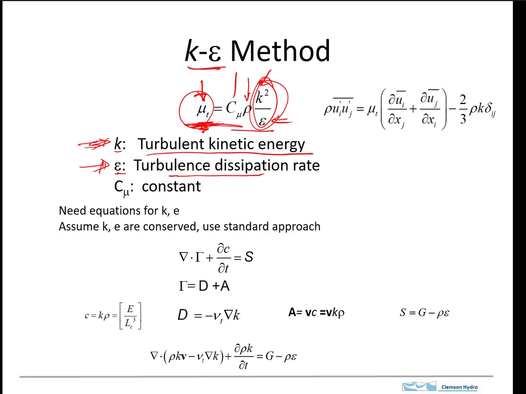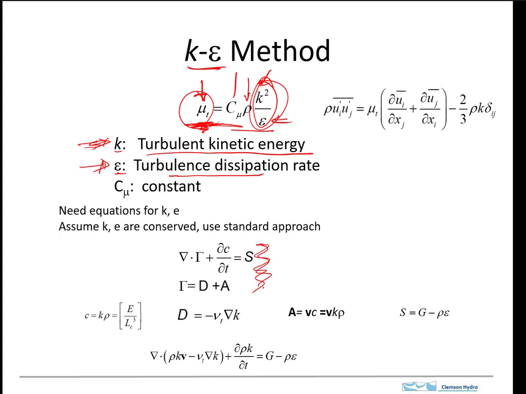Okay, but we've got a way of dealing with these, because the turbulent kinetic energy and the turbulent dissipation rate, we're going to say, are conserved within the flow, and so we can apply our regular conservation approach and come up with governing equations for those terms. Here's how we're going to do it.